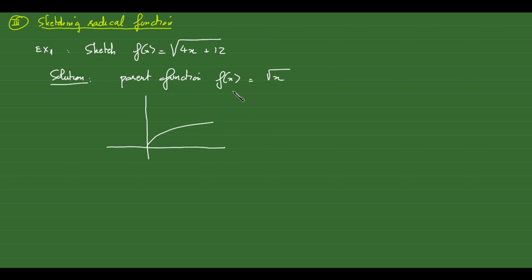Remember, if we add a constant to x, then the function is shifted to the left by that many units. If we subtract a constant, according to the transformation concept we already learned, then it shifts to the right by that constant.